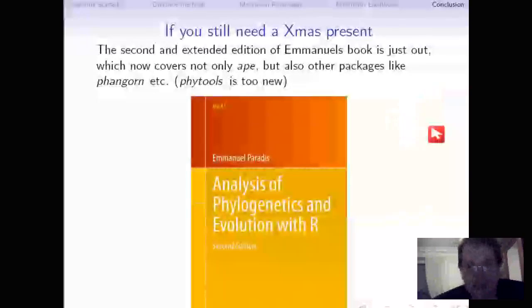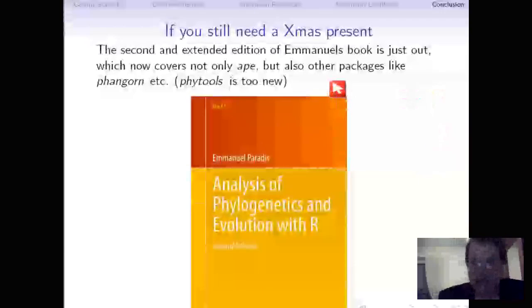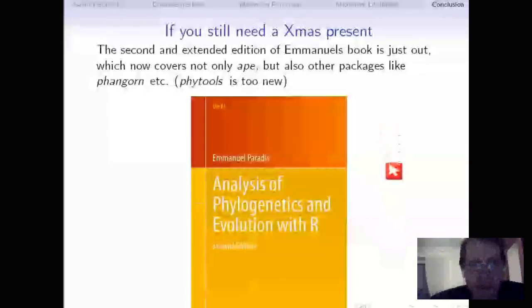I think phytools is probably too new to be covered much in it. And of course it's always a problem with writing a book about R packages that the packages normally change much faster than the book. But if you still need a Christmas present for your lab or yourself, it's maybe a nice read.